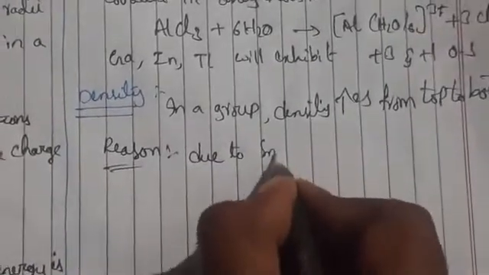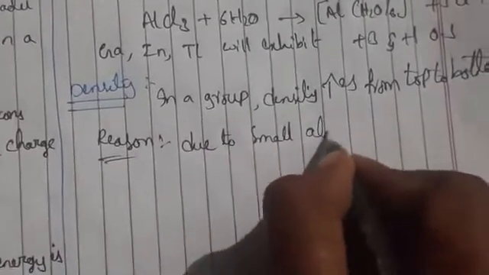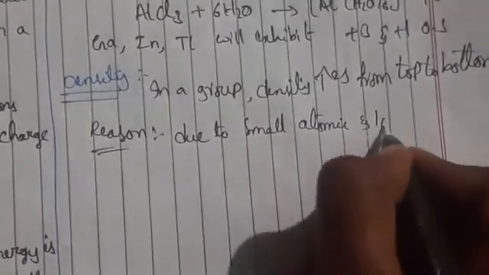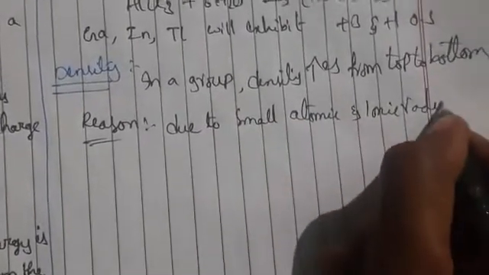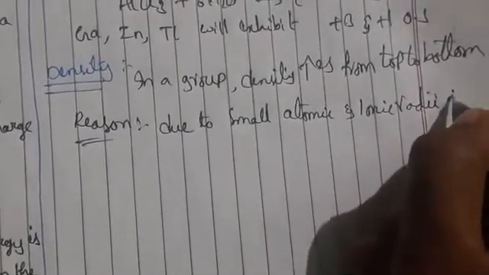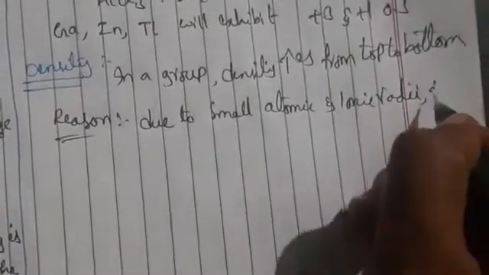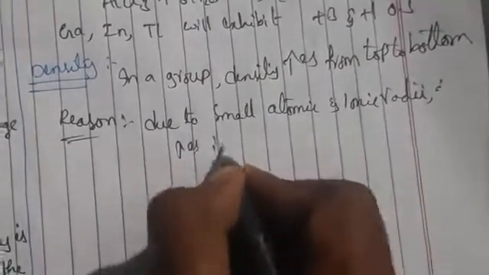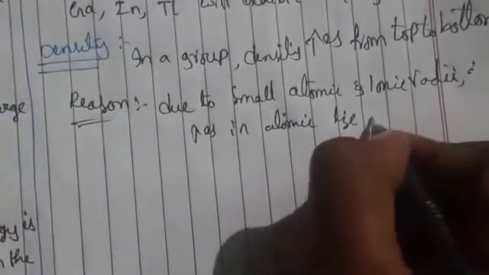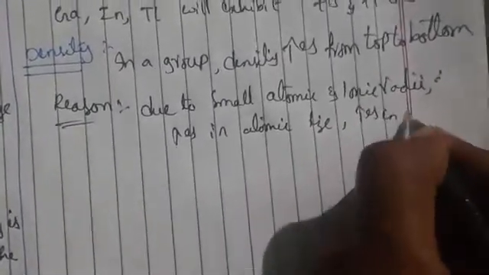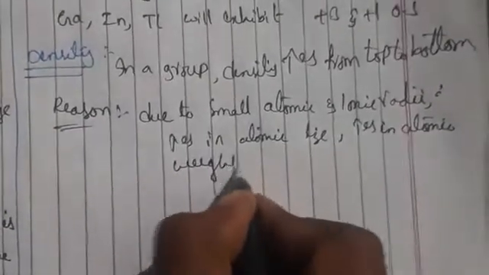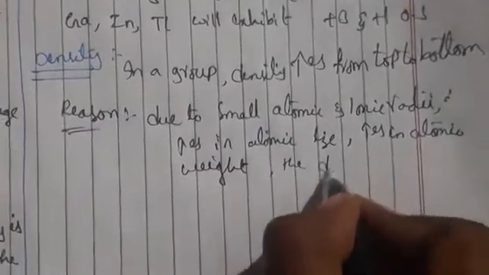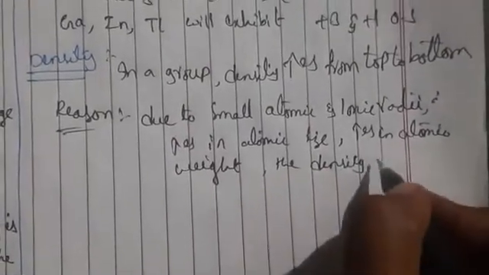Due to small atomic and ionic radii, increase in atomic size and also increase in atomic weight, the density increases.